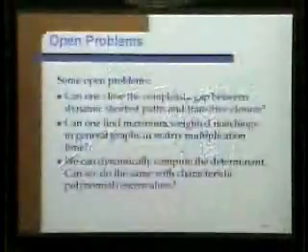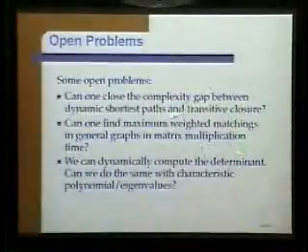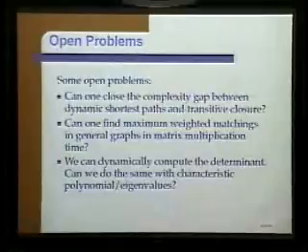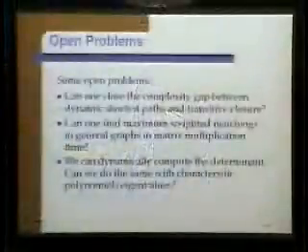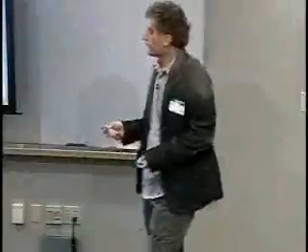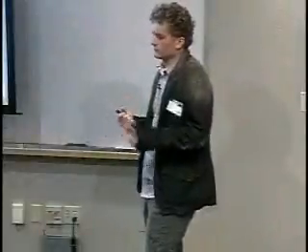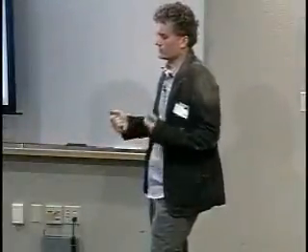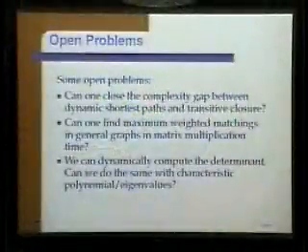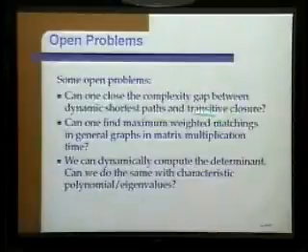First, can we really close the complexity gap between shortest path and transitive closure in the dynamic case? You have seen that transitive closure in the dynamic case can be solved in really subquadratic time, and the distances cannot be solved in this time. Usually there is a really strong relation between these two problems. For example, the complexities in the undirected case of the graphs are usually the same.